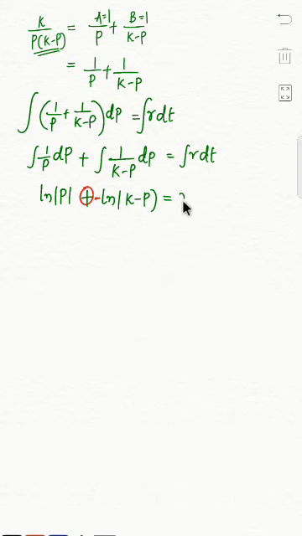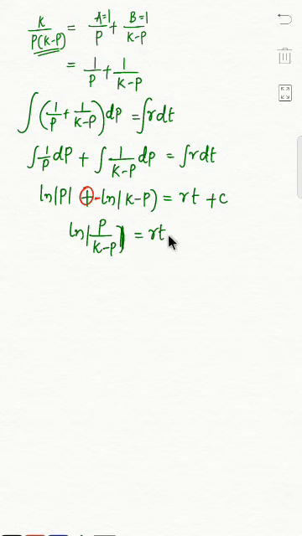This one equals r into t, and you can have a constant c. So when we solve this, ln p minus ln (k minus p) is nothing but ln of p by (k minus p). You can have the mod here, there is no harm in that, equals rt plus c.